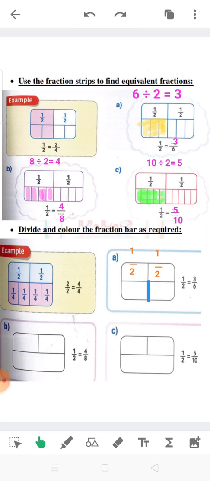Let's see here. 1, 2, and each half into 3. Okay, let's write. Each one represents 1/6. 1/6, 1/6, 1/6, 1/6 in all. And I will color only 3/6 that represents a half. Okay. And the rest, you can do on your own.